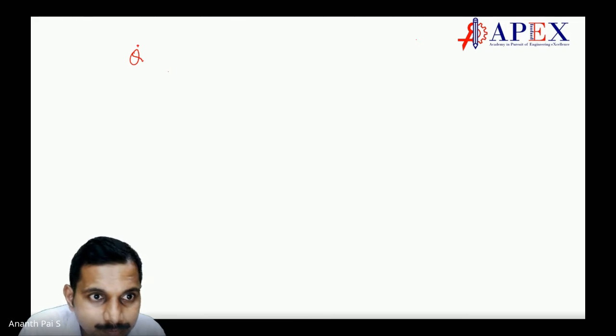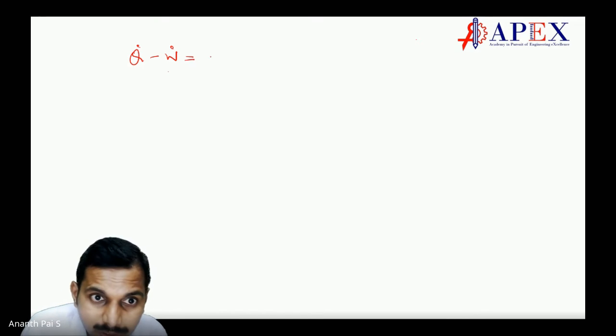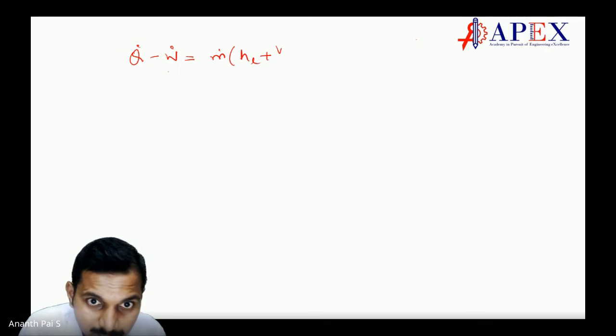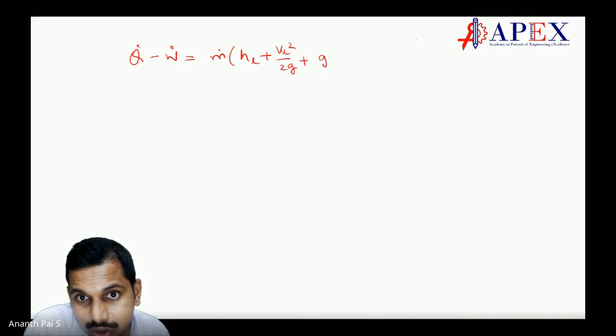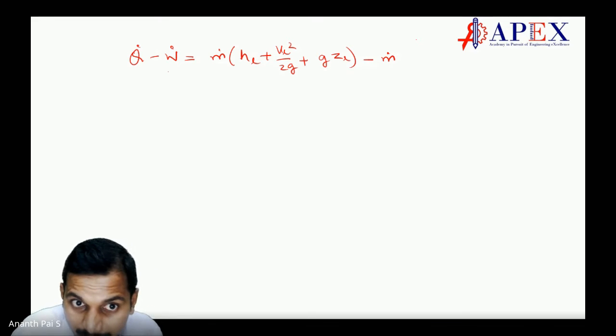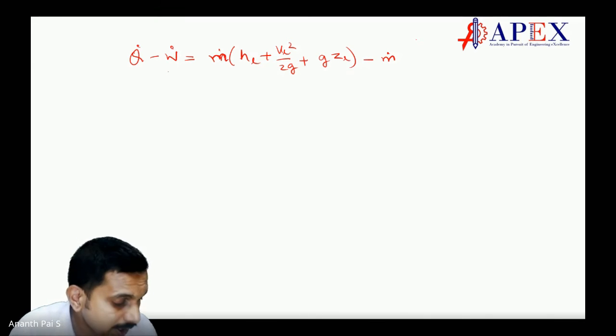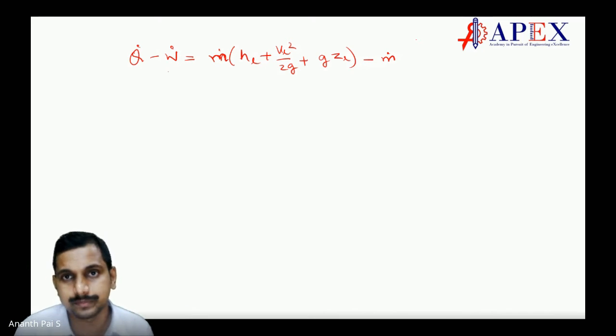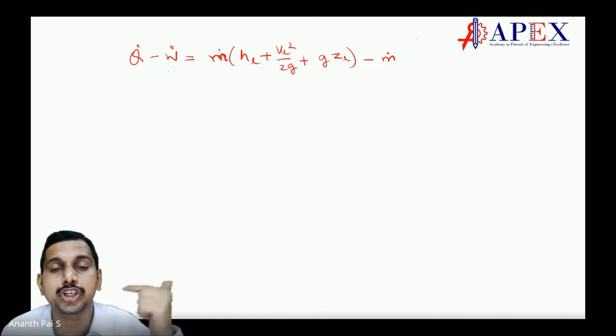Q dot minus W dot is equal to m dot into He plus Ve square by 2 plus g ze, minus m dot. I can also say m dot if m1 is equal to m2, because in a steady flow, another main thing is that what is coming in is going out. There is no accumulation of mass.